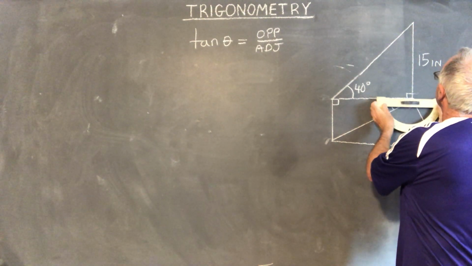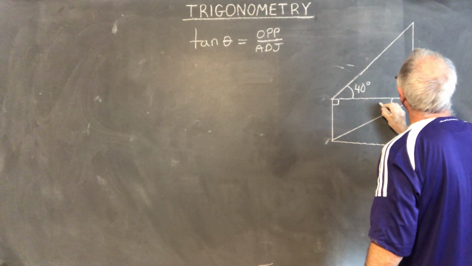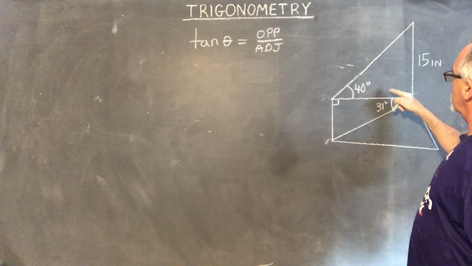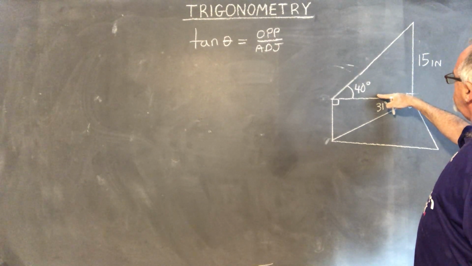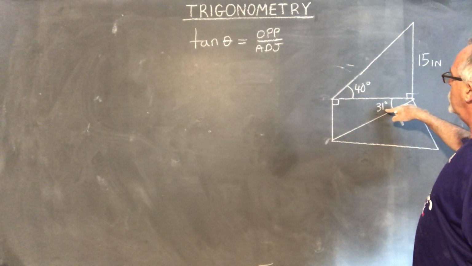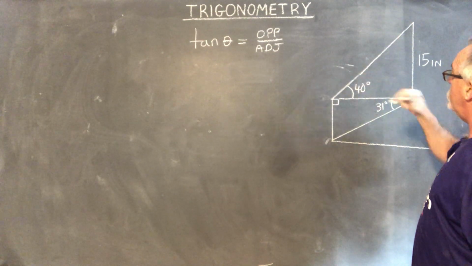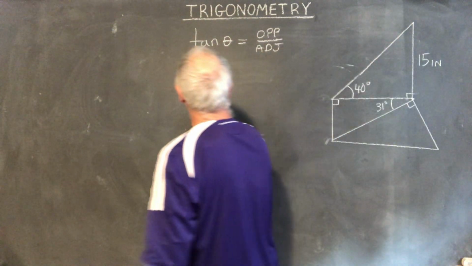I'm going to measure it again because of that badly drawn part, and note that it is not 30, it is 31 degrees. So I'll be able to figure out that one with my first formula. And then, it being adjacent to this 31-degree angle, I'd be able to find the hypotenuse with the cos formula. So I'm starting with the tan formula, then I'm going to do the cos formula. I won't even write them.